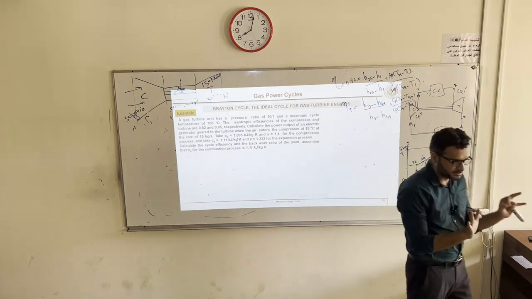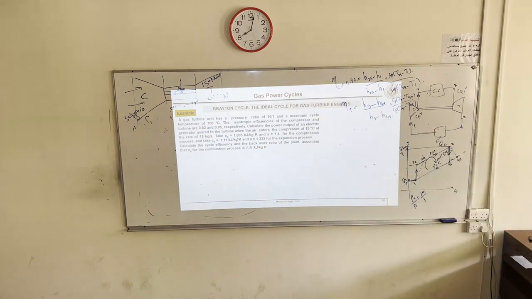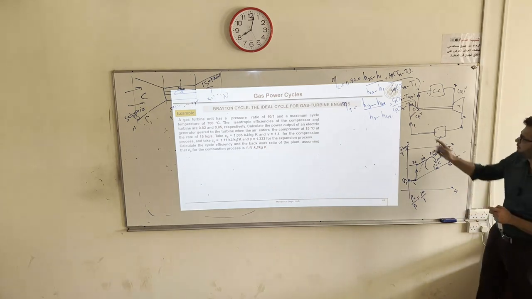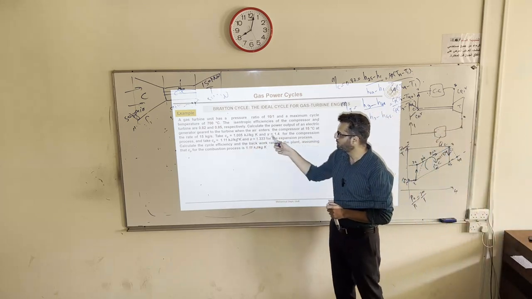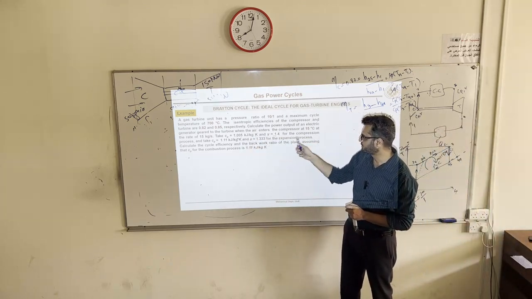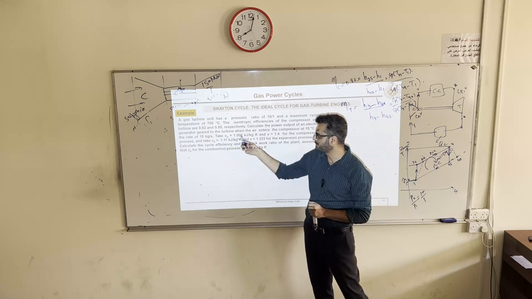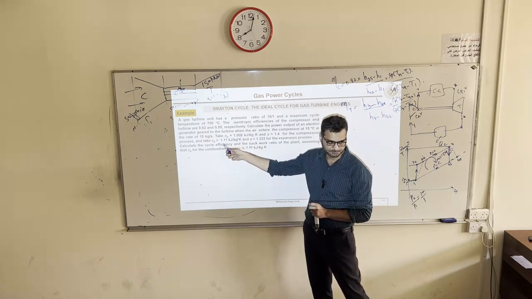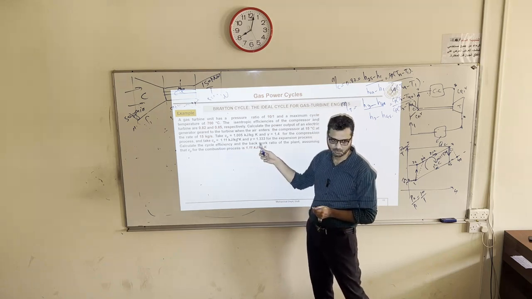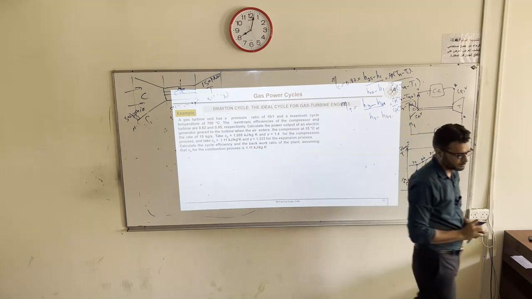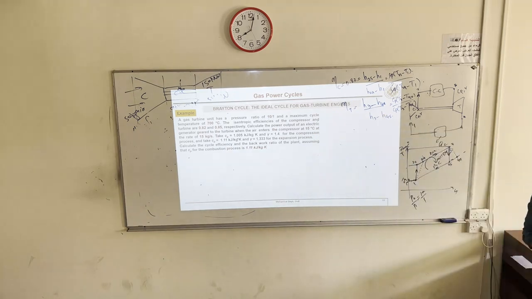So you will still assume constant specific heats, but different for different processes. For compression, Cp of pure air and gamma of pure air. But for expansion, Cp is a little different, higher. It's heavier gases, it needs more energy to change its temperature, and lower K, Cp and Cv, 1.33. This is a mixture of gases.